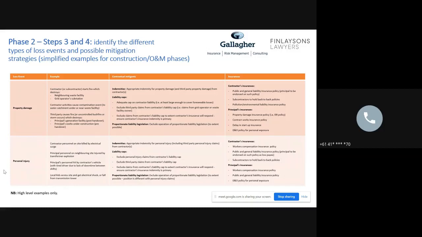Obviously, during the construction or operate and maintain phase of the project, there is a significant risk of some sort of property damage or personal injury on site. And you'll see each of these under the contractual mitigants. I've got some similar headings underneath both of those, because essentially the same type of contractual risk mitigation strategies equally apply.